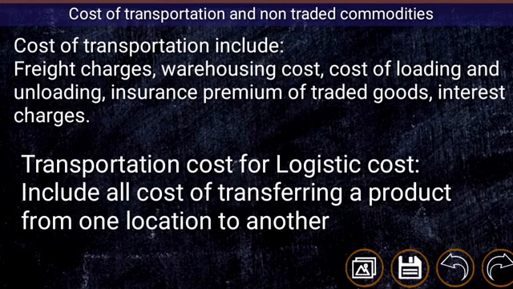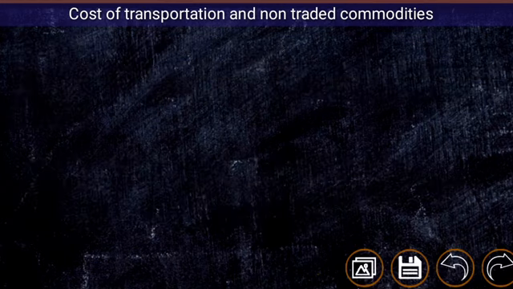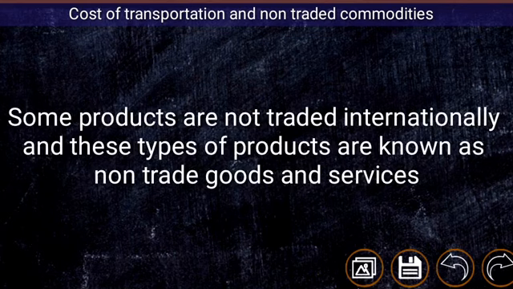The analysis of transportation cost will give you some idea about why most of the products are not traded internationally. Some products are not traded internationally, and these goods are called non-traded goods and services.